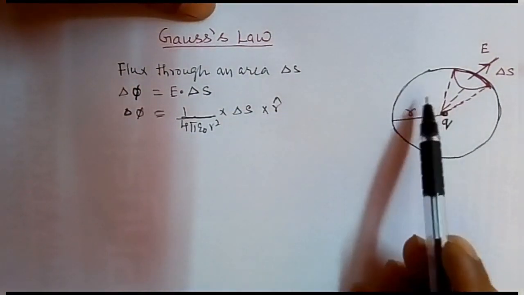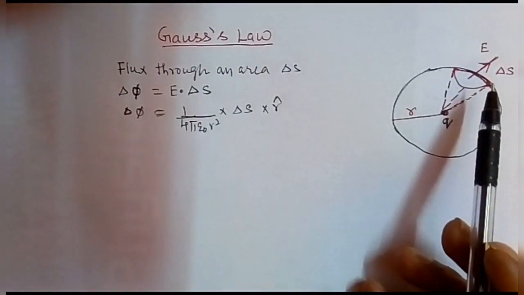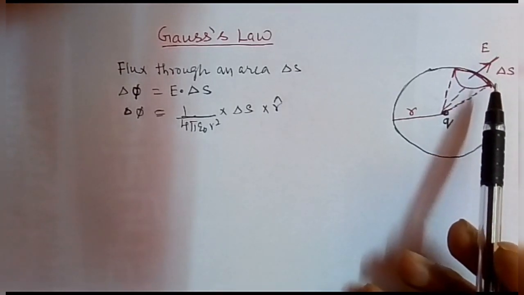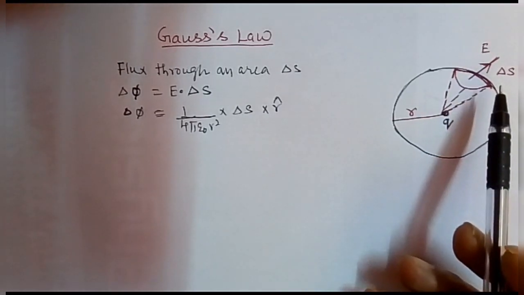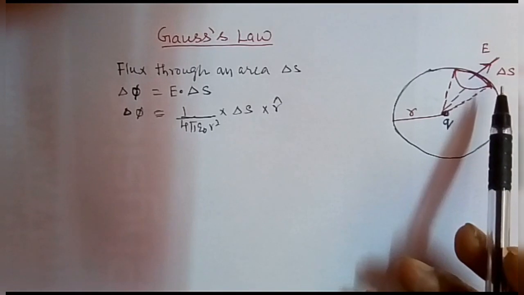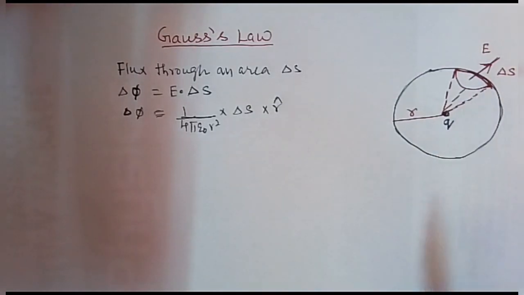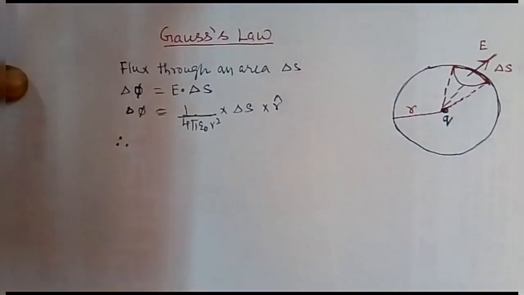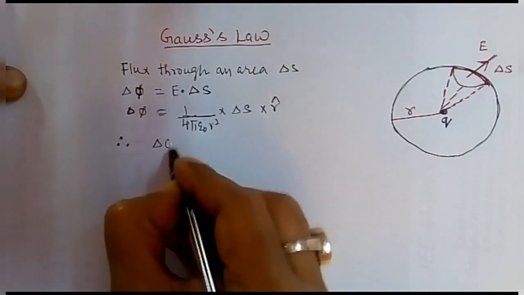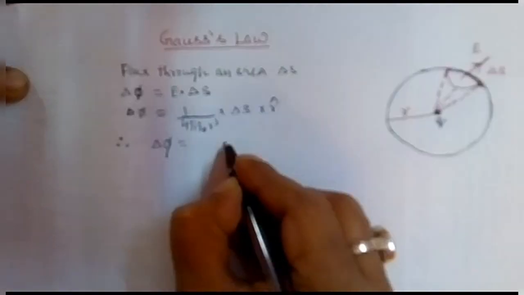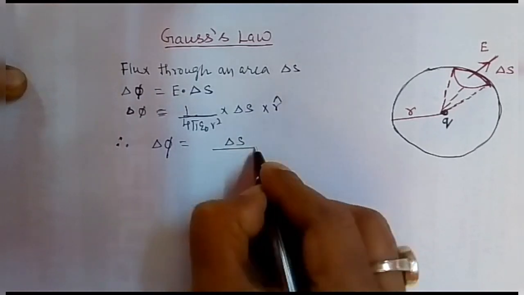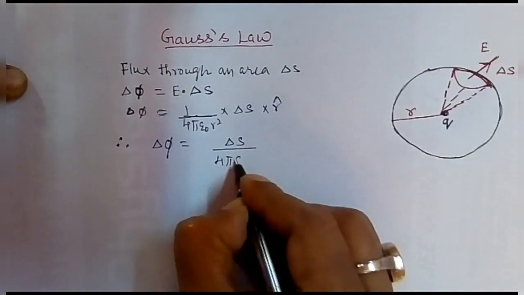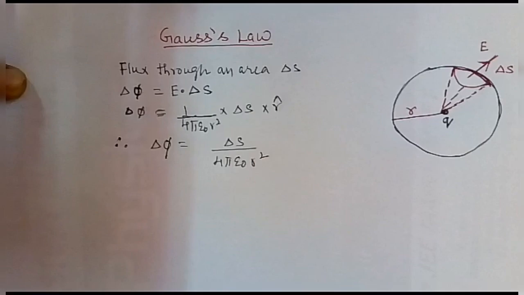Now from the figure we can see that the unit vector r and del S are along the same direction. So we can say the magnitude of the unit vector is basically 1. Therefore del phi equals del S by 4 pi epsilon naught r square.